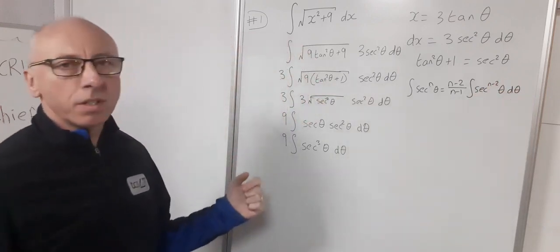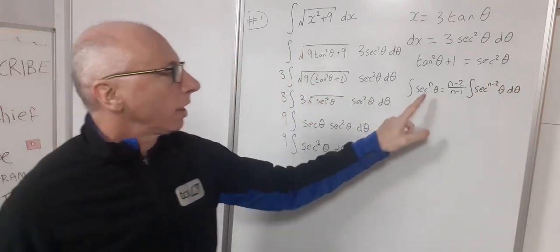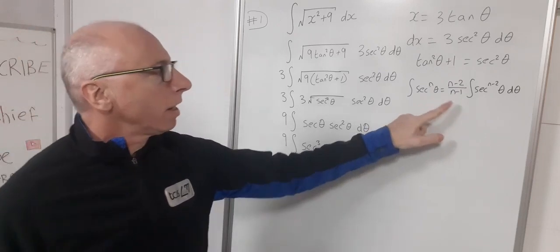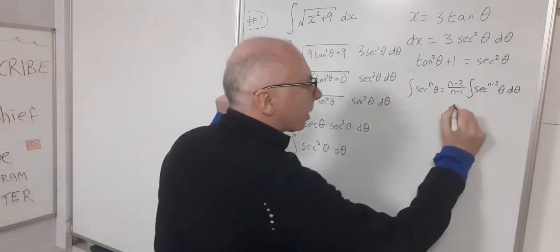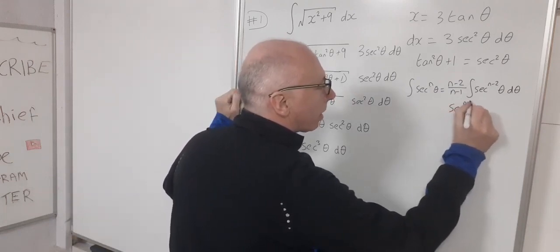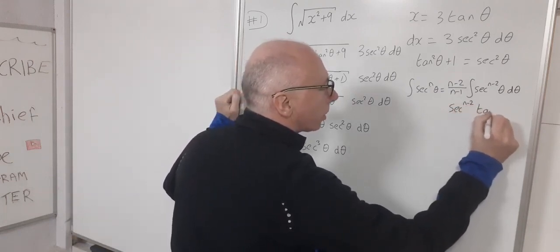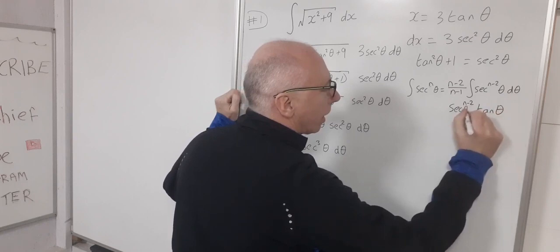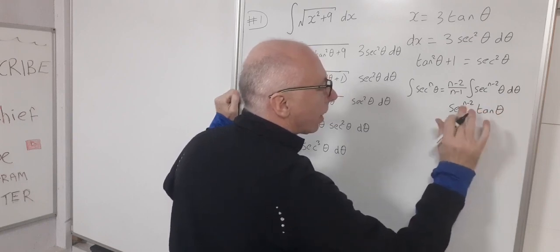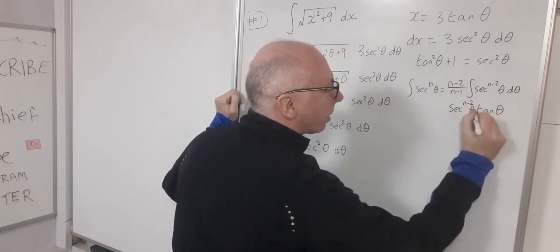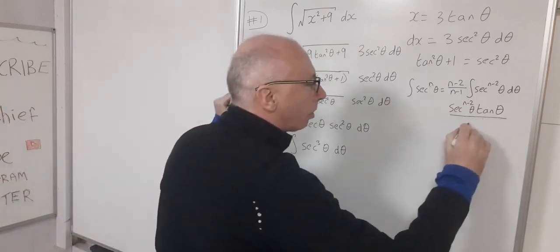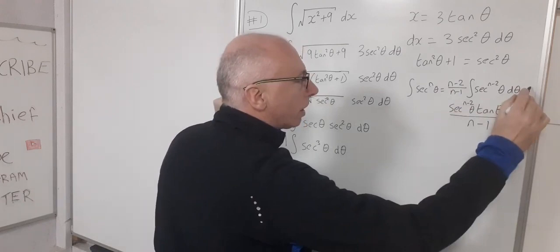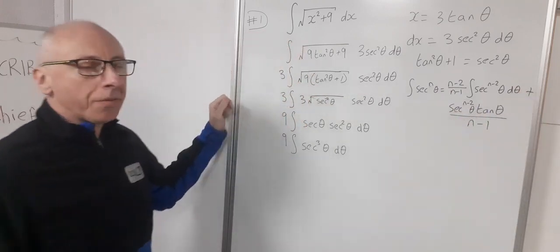So that's my first part of my power reduction formula. And then the second part, which is not an integral, I've got secant to the n minus 2 theta tangent theta. Let me just write that a little bit clearer. So that's that one there, and then what I do, I divide that by n minus 1, and this bit is added on.